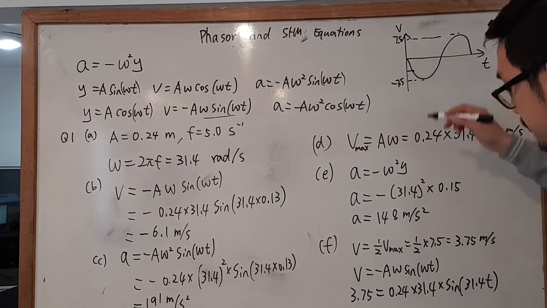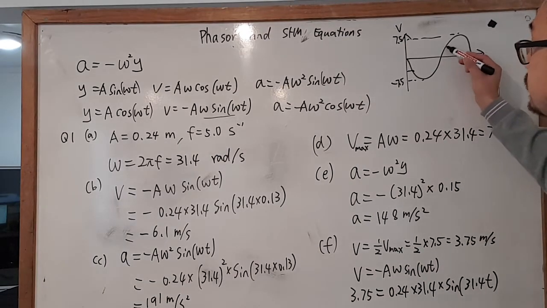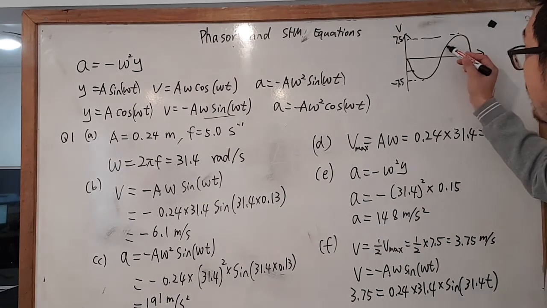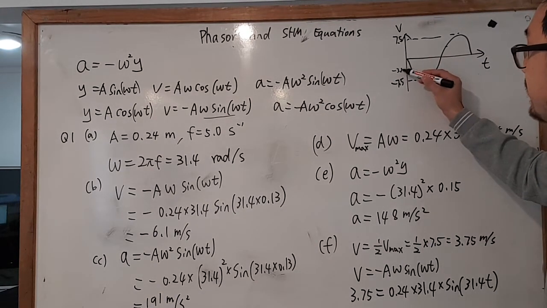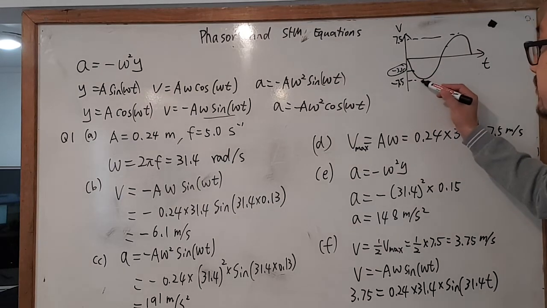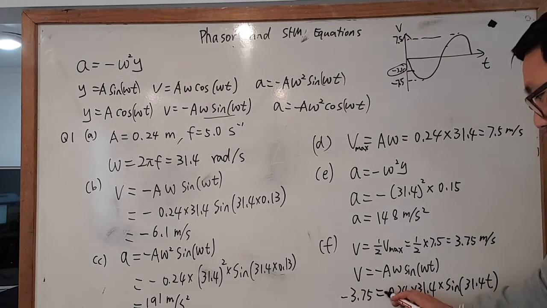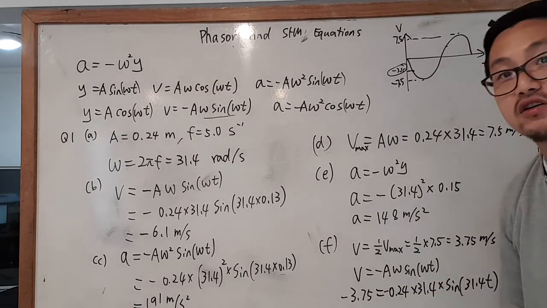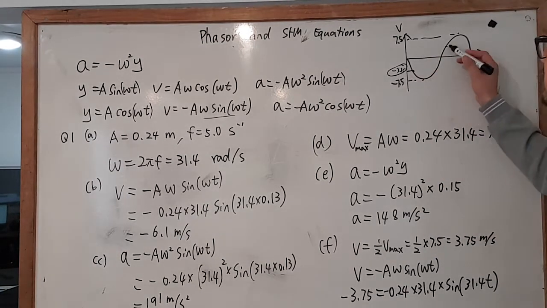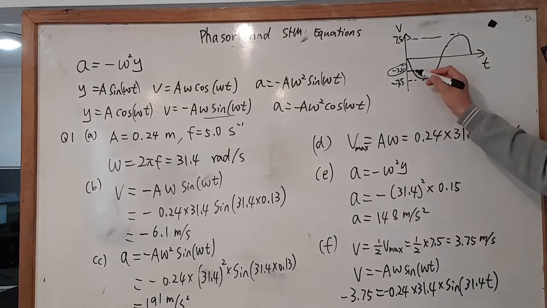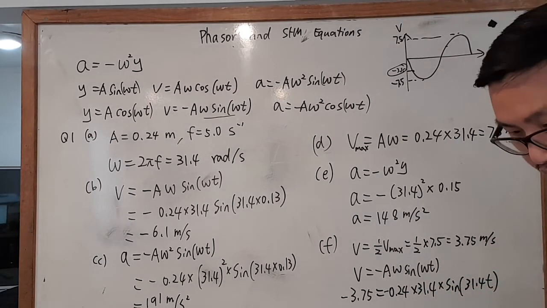If you use a positive 3.75, you will be calculating the time when it's reaching over here, and you don't want to calculate a positive time reaching over here. You just need this negative 3.75 over here, which is already half of the maximum speed. So you have a negative over here and a negative over here, and these two negatives cancel out each other. This makes sure that you're only calculating this little bit over here.